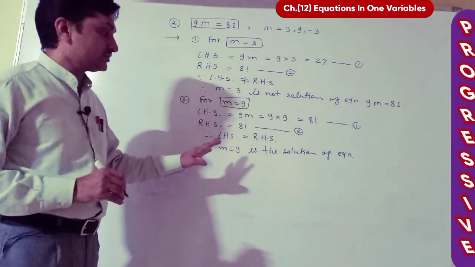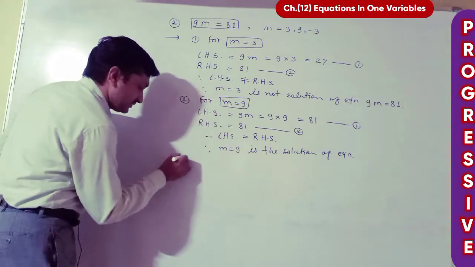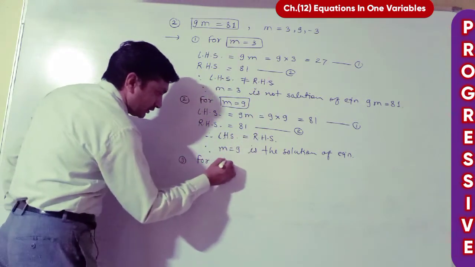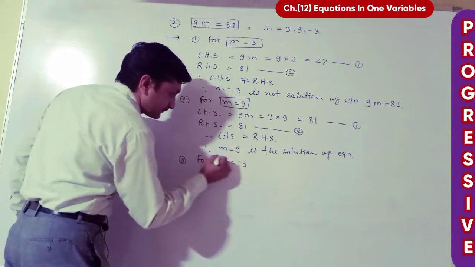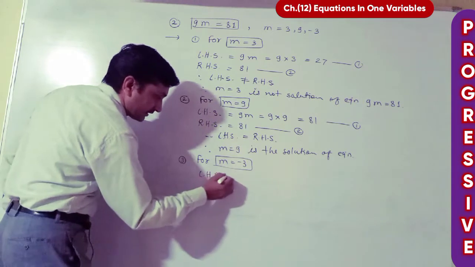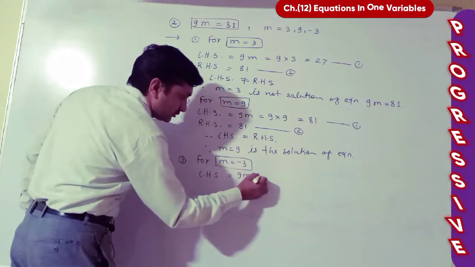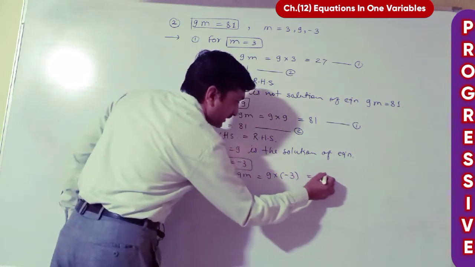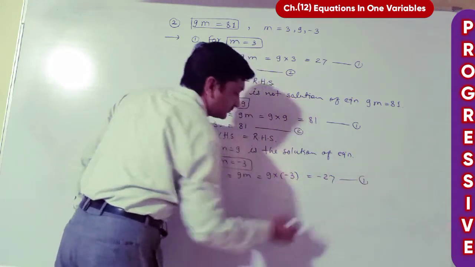Second value is a solution. Let's see for third, minus 3. For m is equal to minus 3, again LHS, left hand side, is equal to 9m. 9 multiplied by minus 3, minus 27. Number 1.